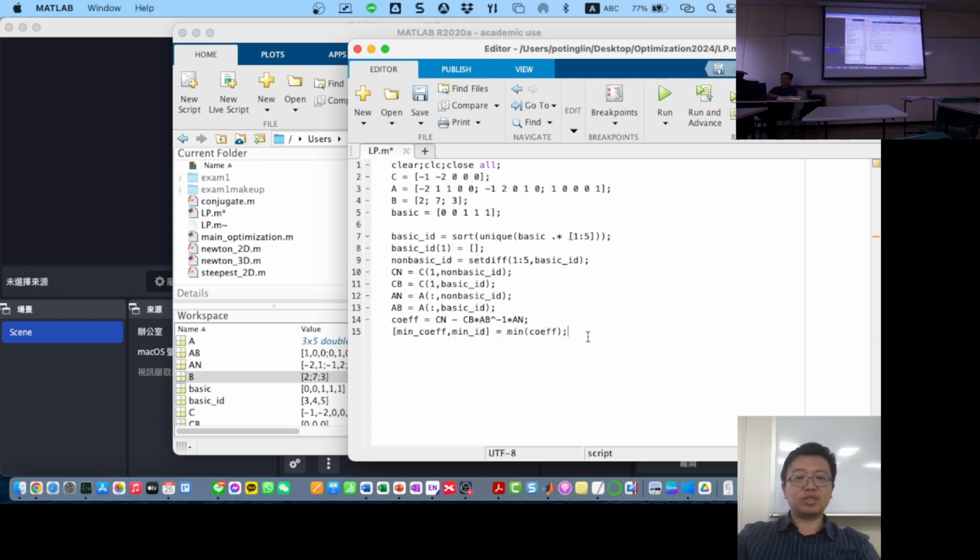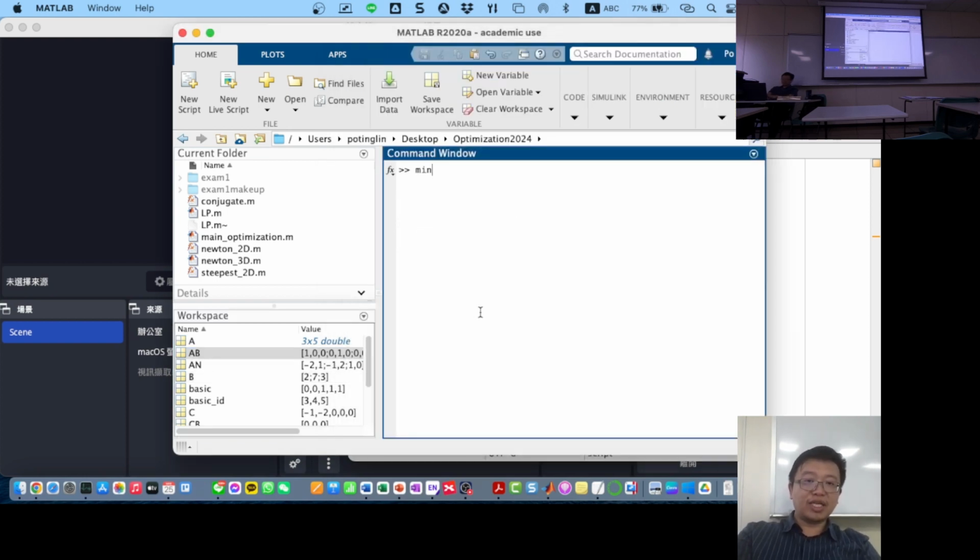What this code did was find the minimum value inside this vector, and the output is that minimum value, and it also tells you which index has the minimum value. So if we do that, the min coefficient will be -2, and the min ID is the second one.